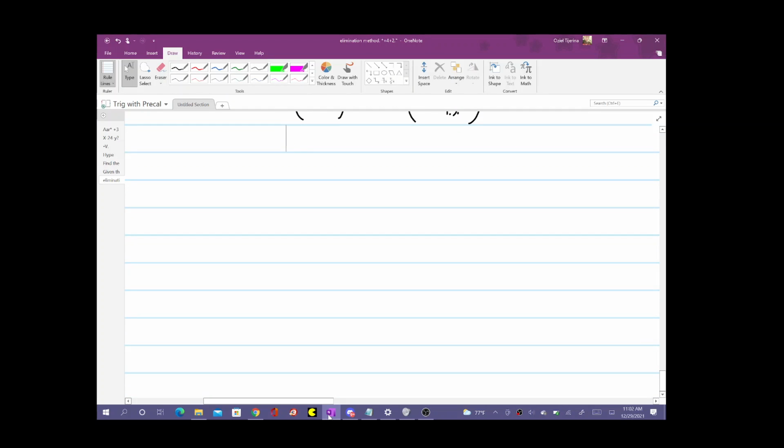So the first one that I want to verify is 1 plus cotangent x over cotangent x equals sine of x plus cosine of x.